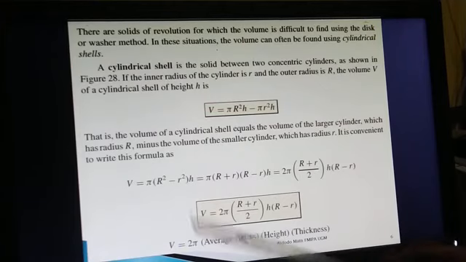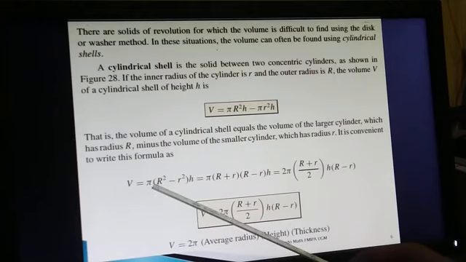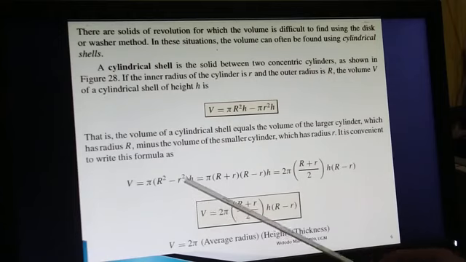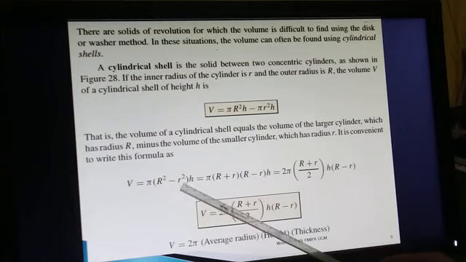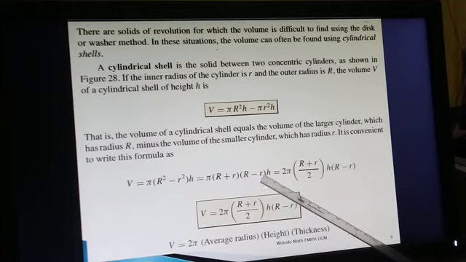We want to manipulate so that this volume can be written as pi times (R squared minus r squared) times h.